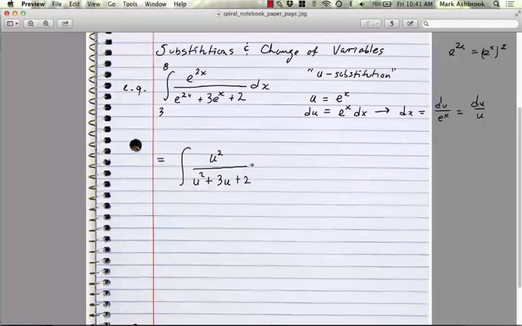And then what did we find out dx was? du over u. And then notice we have u squared up here and a u down here. So u squared divided by u is? All right, are you following everything here?